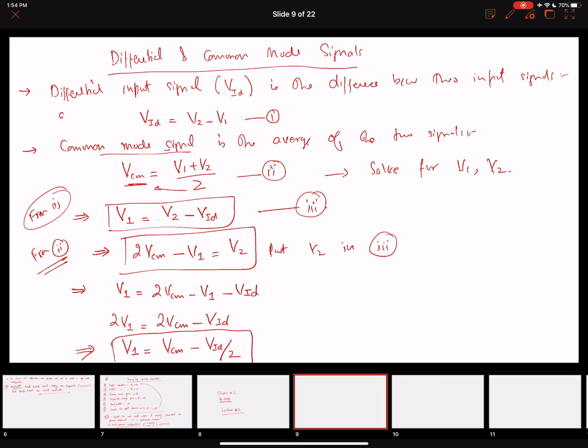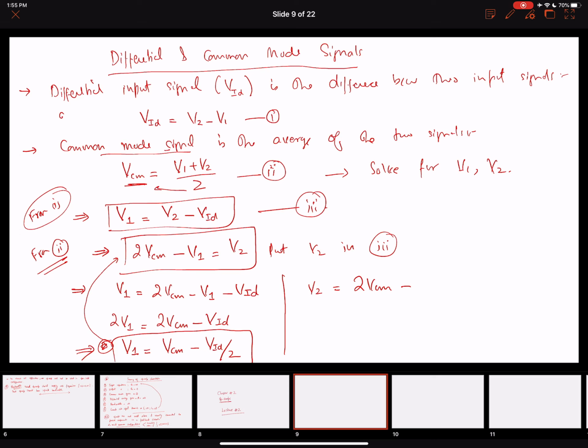Similarly, to find V2, let's put this V1 back to calculate V2.